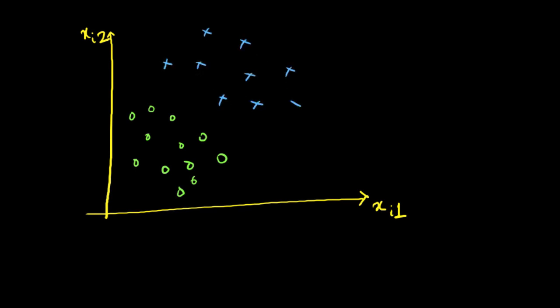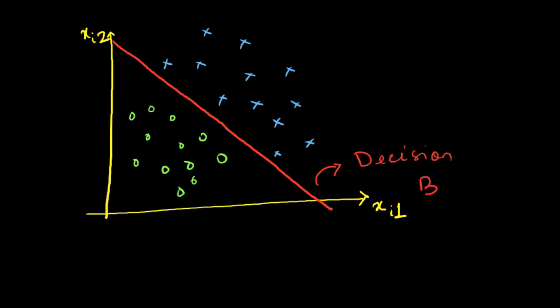So the job of logistic regression is to find a straight line which can classify our categories. So in this case, this is our decision boundary. And as the distance from this boundary grows on this side, the probability of h being 1 should be increasing.